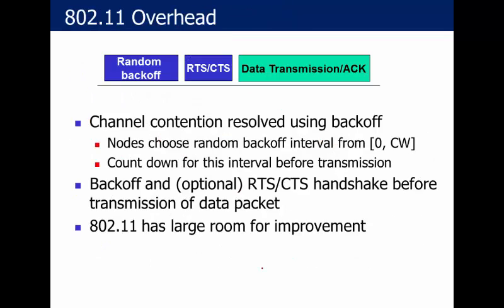As I said, there's a random backoff. This is a sequence. Always, if we want to communicate, then RTS, CTS, data, and finally acknowledgement. And then another random backoff, RTS, CTS, data, acknowledgement.